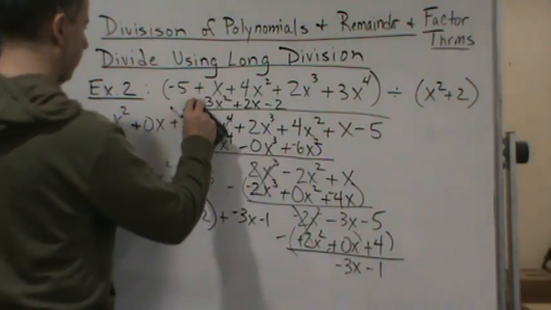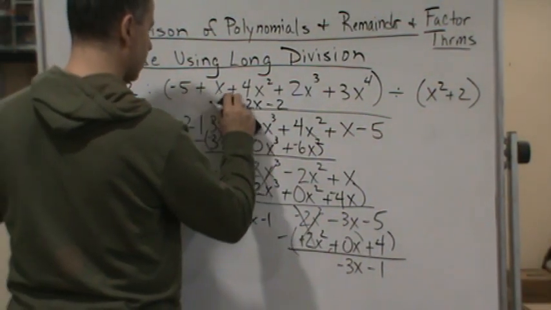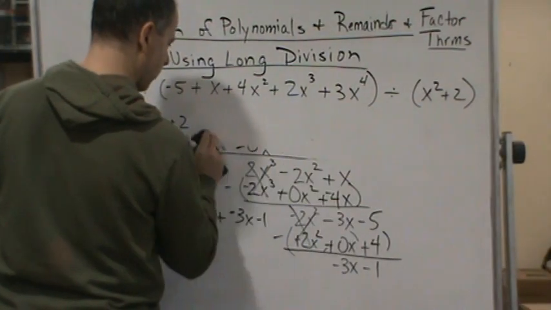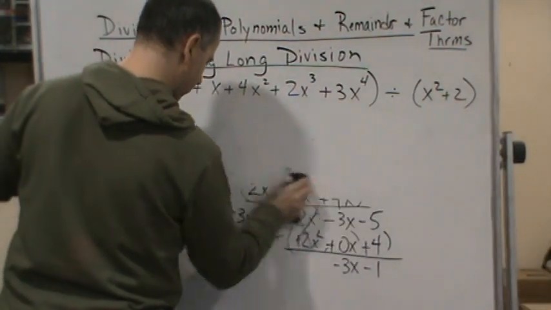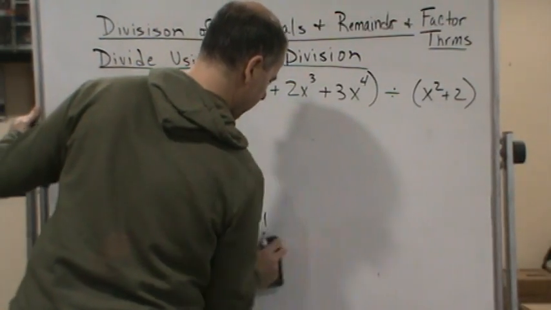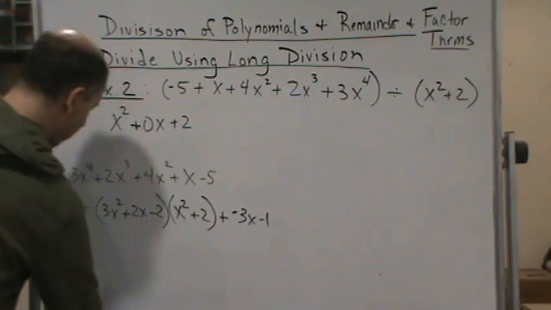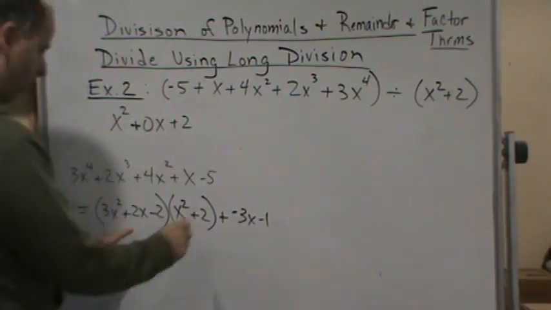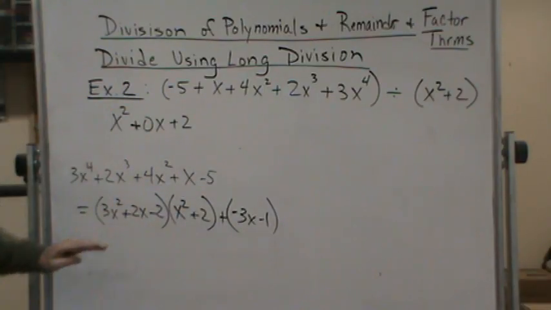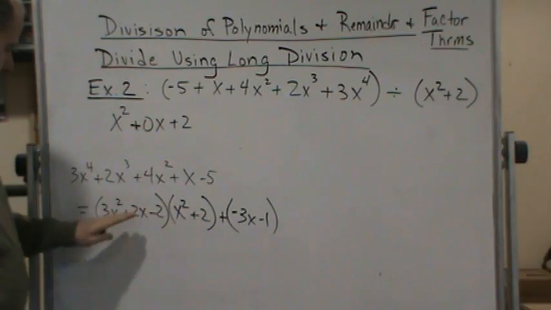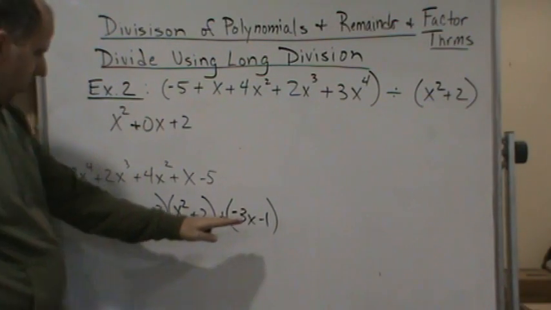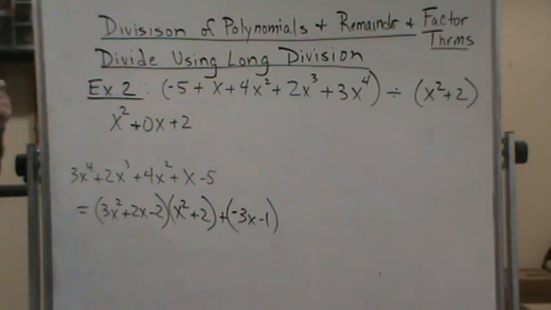Okay, so let me erase this. So hopefully you're taking notes, or you're going to go back and do this later, or just rewind. So we've got our dividend can be written as the product of our quotient and our divisor plus the remainder.